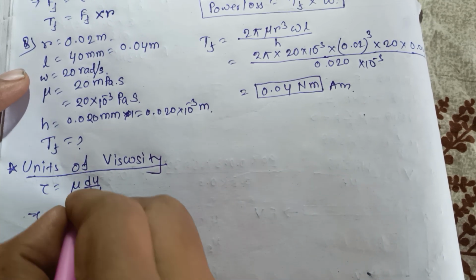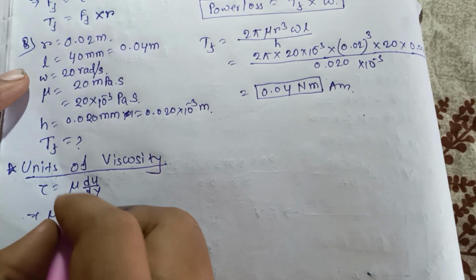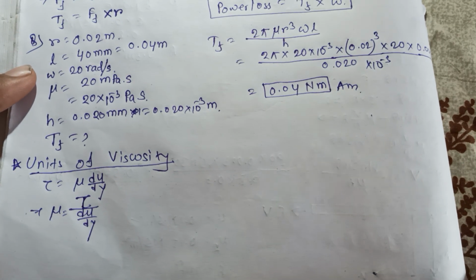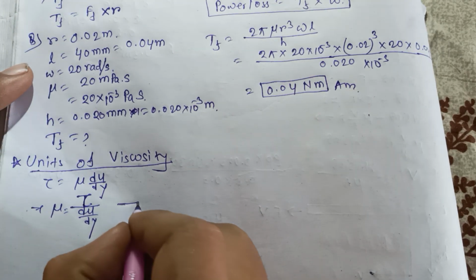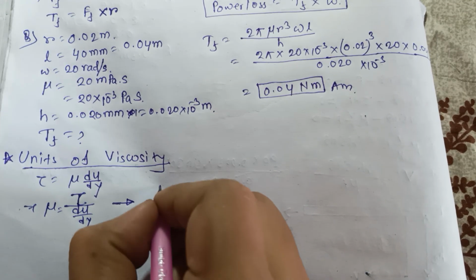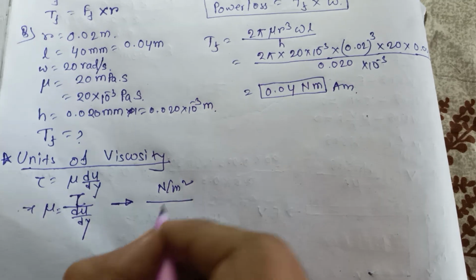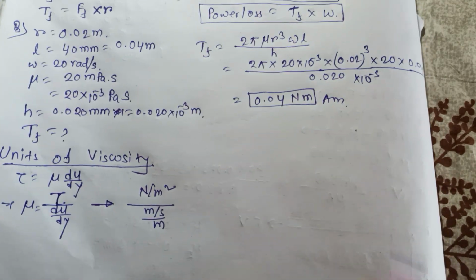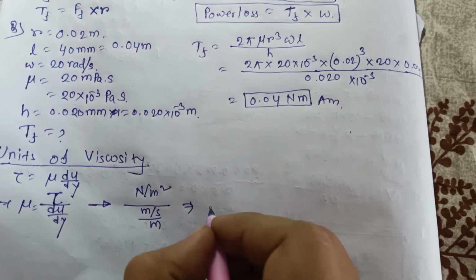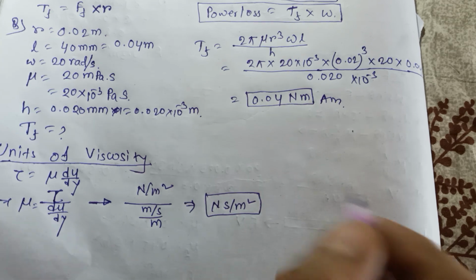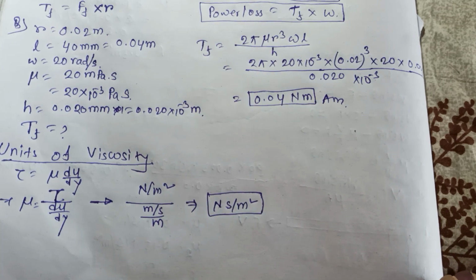So mu is equal to tau upon du by dy. What is the tau unit? The tau unit is Newton per meter square, and du by dy is meter per second upon meter. So from here the unit will be Newton second per meter square. This is very, very important. The unit of viscosity is Newton second per meter square.